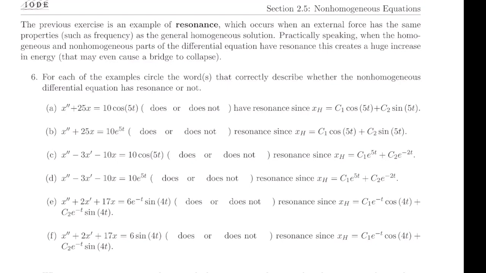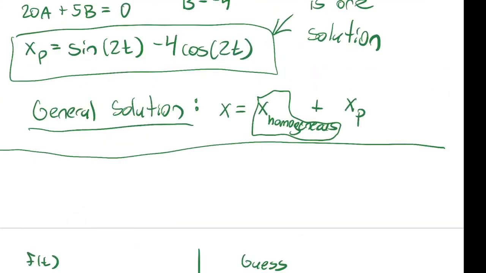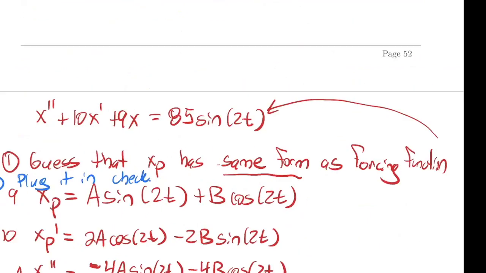But this is not something that would be given to you, right? So if we're trying to do this method of undetermined coefficients, there's kind of a step 0 now, which is really what you need to do first. And you're going to need that to find the general solution anyway.